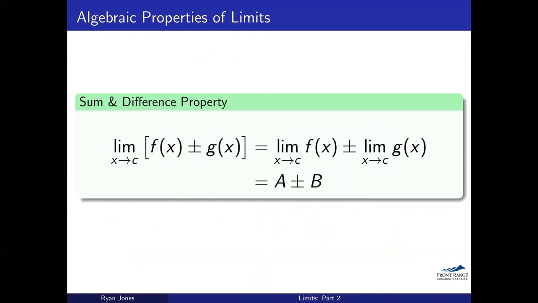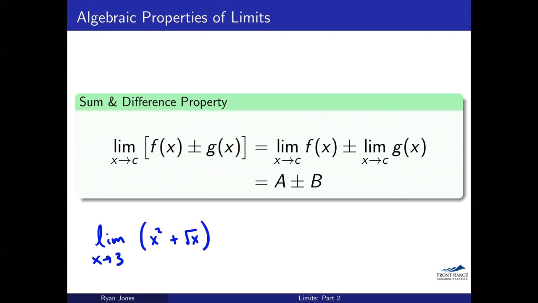Let's keep on going to the sum and difference property. This is a key one here. Let's say that you have a limit of two functions that are either added or subtracted together. For an example, maybe I give you the limit as x approaches 3 of x squared plus square root of x.